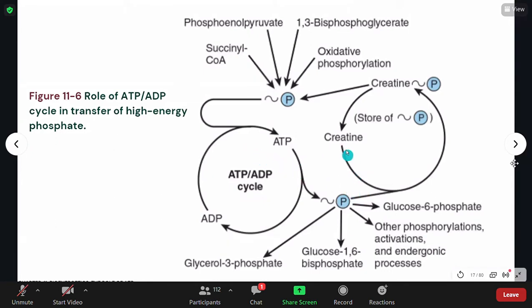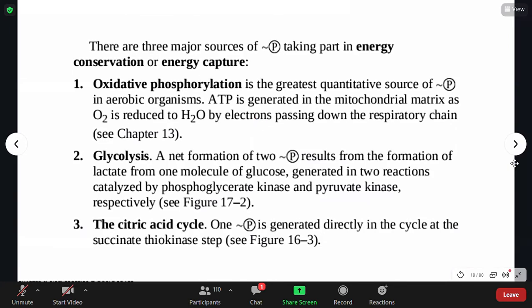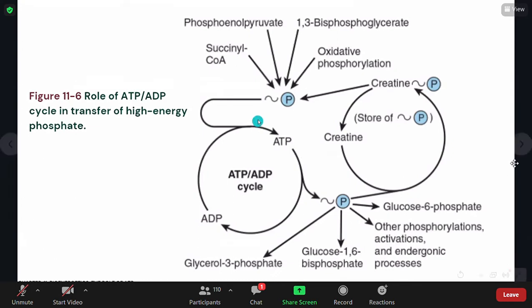So you remember this? Creatine phosphate. Phosphoenol pyruvate, 1,3-biphosphoglycerate. All of them produce high energy phosphate bonds. And they are utilized to add to ADP to become ATP. And this ATP is being used for phosphorylation reactions.